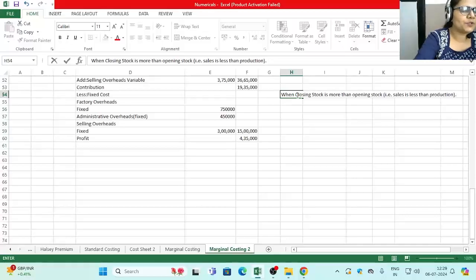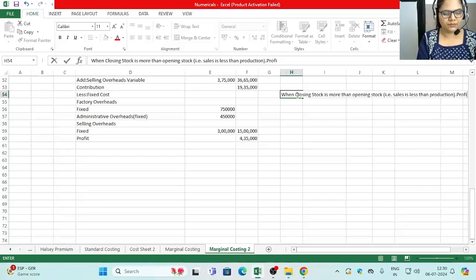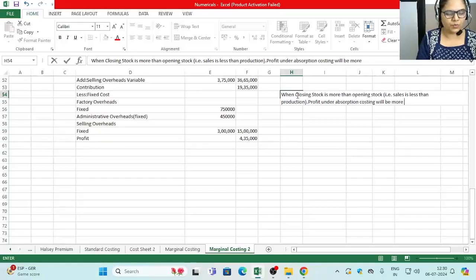Profit under absorption costing will be more than the profit under marginal costing.